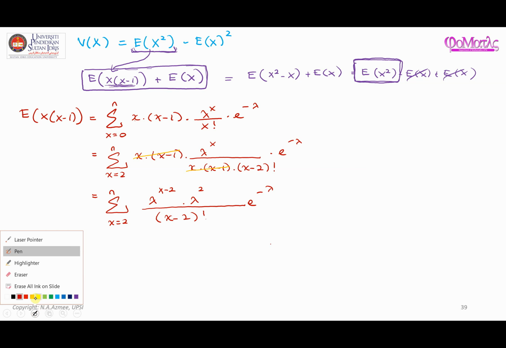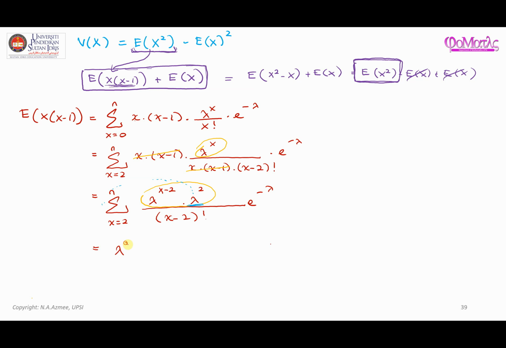Now I hope you can see that lambda squared doesn't depend on X, so we can take it out of the summation. So next we have lambda squared, sum from X equals 2, lambda to the power of X minus 2 over X minus 2 factorial, times e to the negative lambda.